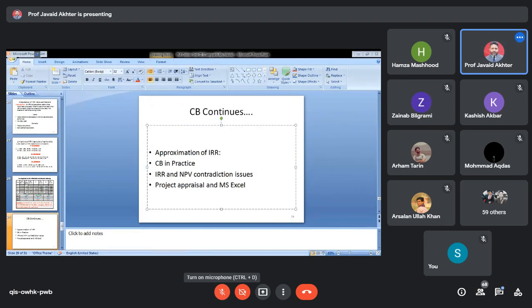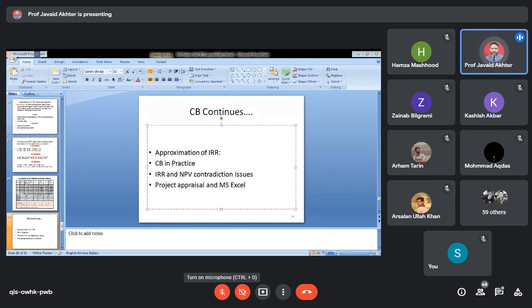That means page number 3 and 4 are known as annuity. Annuity means every year an amount is deposited. On page number 1 and 2, the amount is not deposited every year, it is deposited only once.